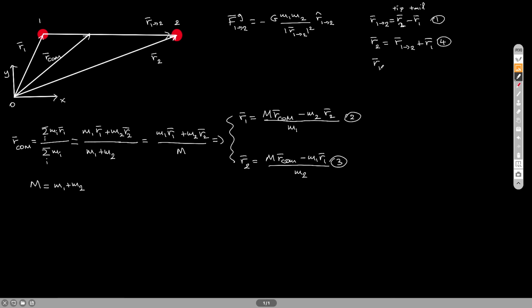And I can also solve for R1, and this will be equal to R2 minus the relative position vector from 1 to 2. Let's call this equation 5. Now, I'm going to use equation 4 in equation 2. So I'm going to move on to the next step.